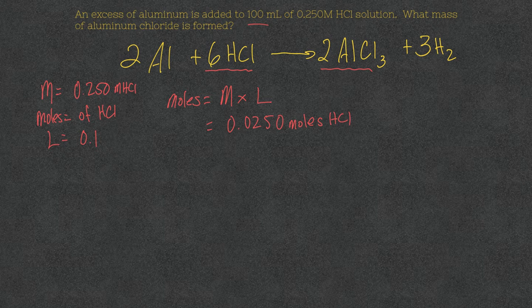Now we're going to use stoichiometry to solve for grams of aluminum chloride. So I'm going to do a little color change here and start some dimensional analysis. My starting point is 0.0250 moles of HCl.